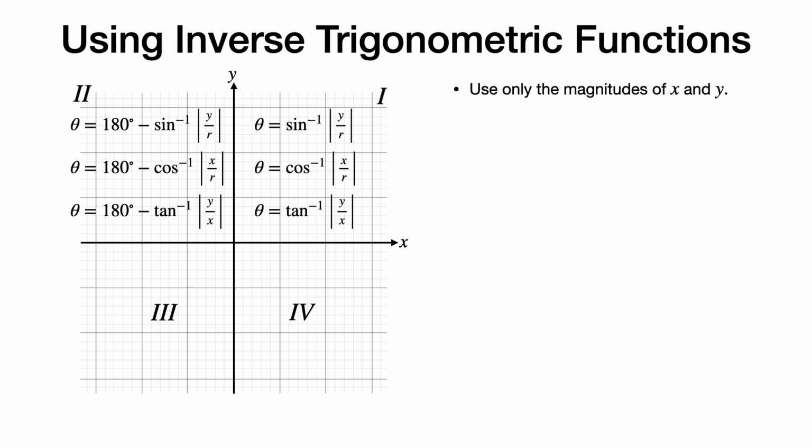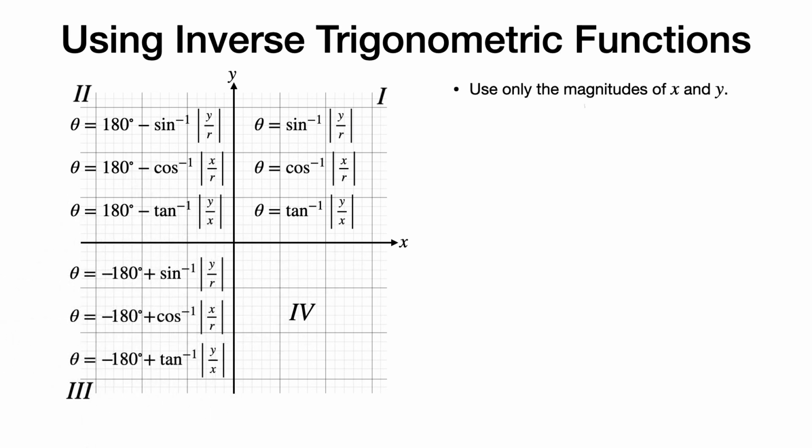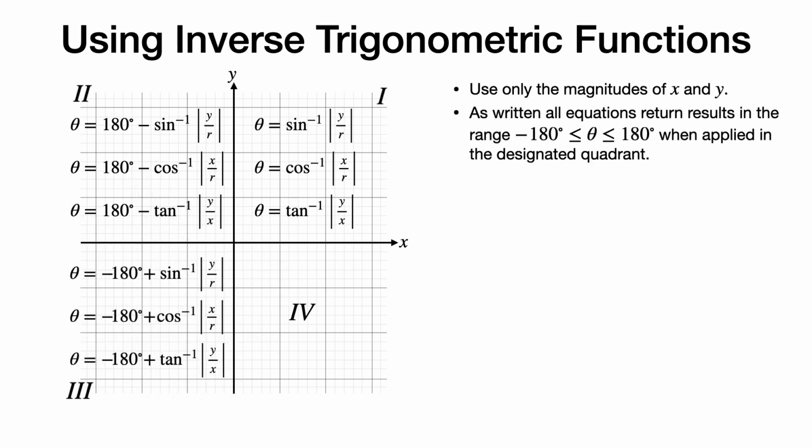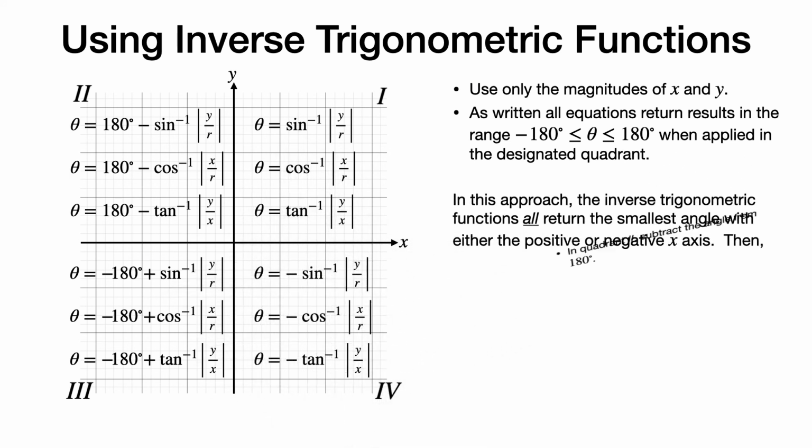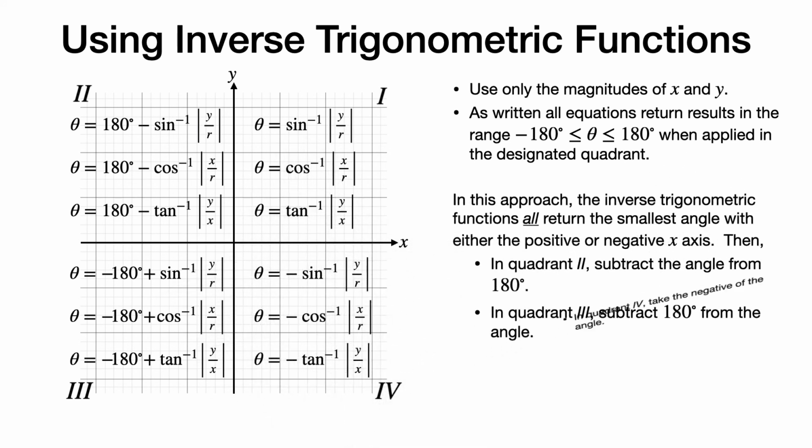Now we simply take the value from the inverse trigonometric function and subtract that from 180 degrees. In quadrant 3, again, it's more uniform. We take the result from the inverse trigonometric function and add that to minus 180 degrees. And in quadrant 4, we simply take the negative of the result returned by the inverse trigonometric functions.